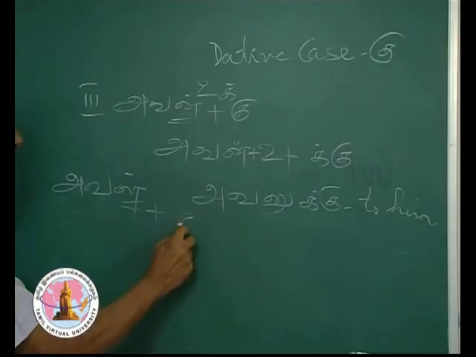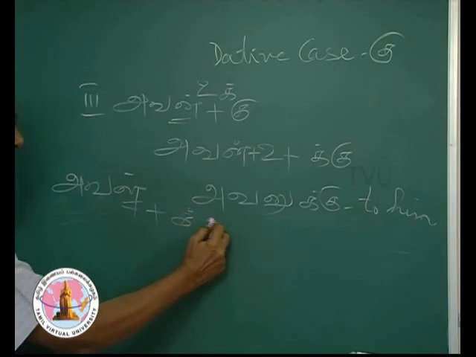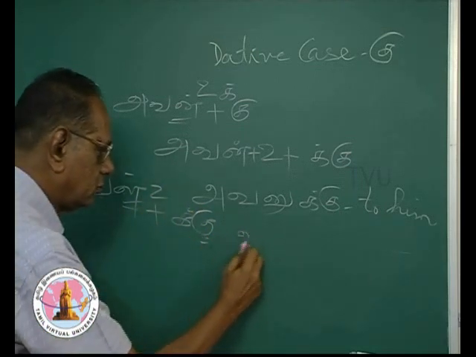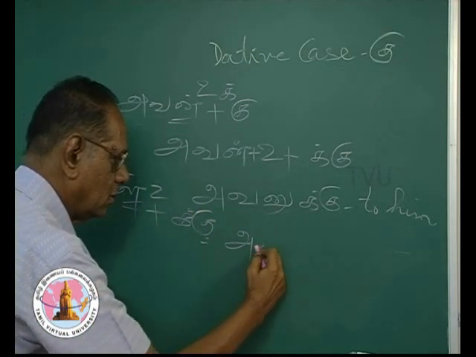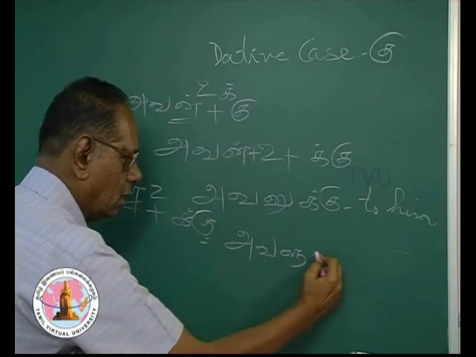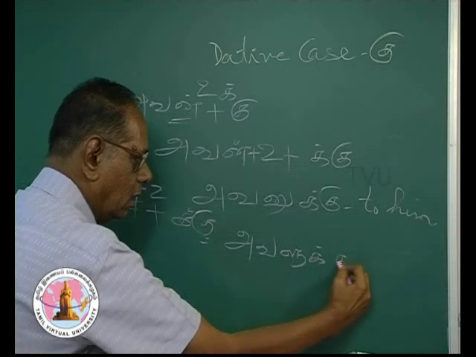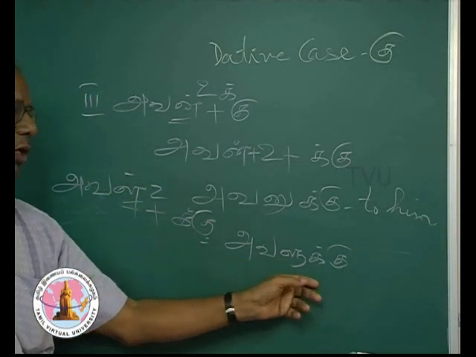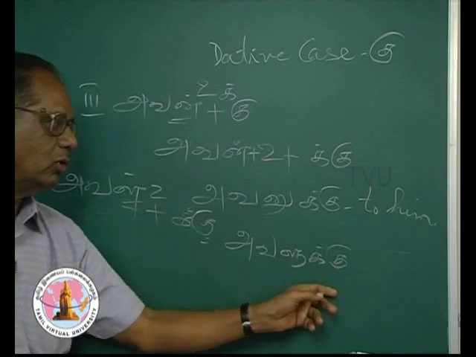Aval plus u. Can you read it? A, va, lu, ikku, avalukku, to her.